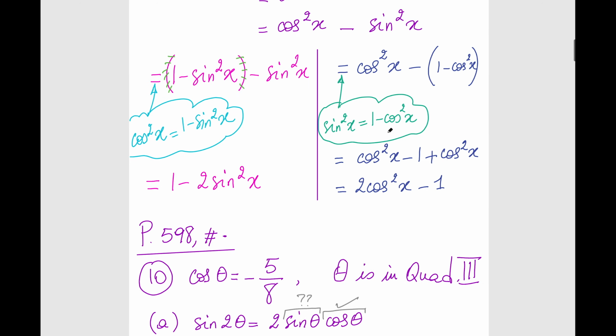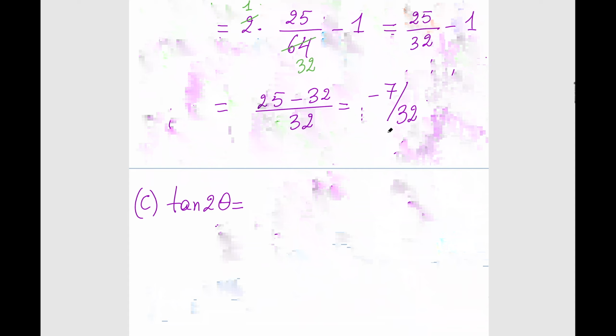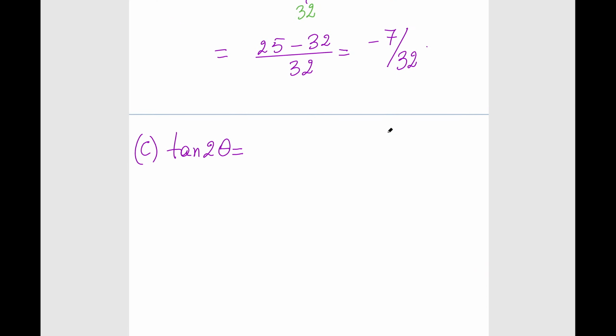So this is equal to 2 times tangent of theta divided by 1 minus tangent squared of theta. The only ingredient needed in this quotient is tangent of theta, needed upstairs and downstairs. So let's find tangent of theta.